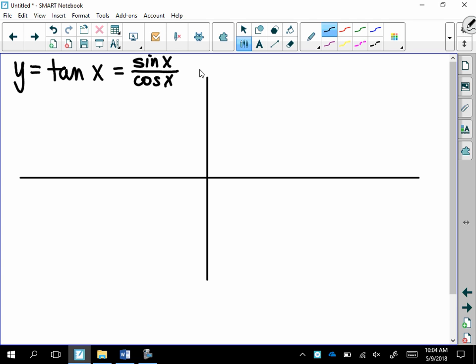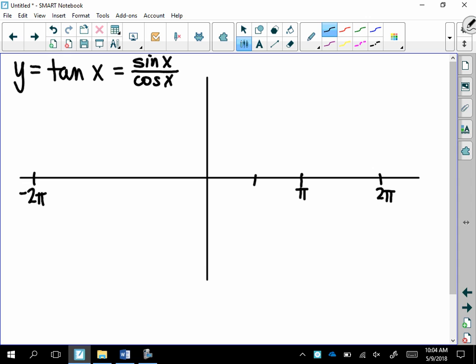So tell me all the places where cosine is 0. You should have the graph right in front of you. All right, negative pi over 2, pi over 2, 3 pi over 2, negative 3 pi over 2, all the pi over 2s, right? So when we go to graph this, we'll graph it from negative 2 pi to positive 2 pi.